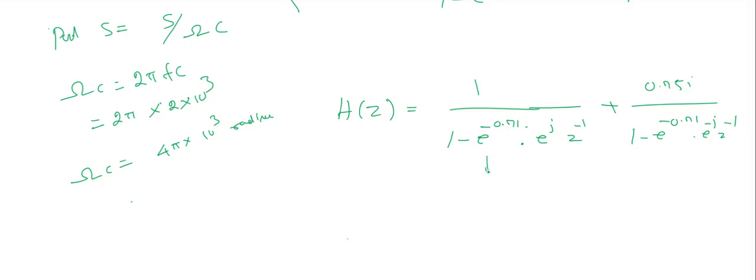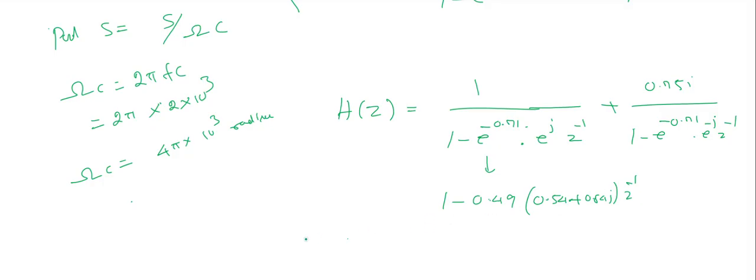So this value will be 0.49, 1 minus 0.49 of (0.54 plus 0.84j) z inverse.